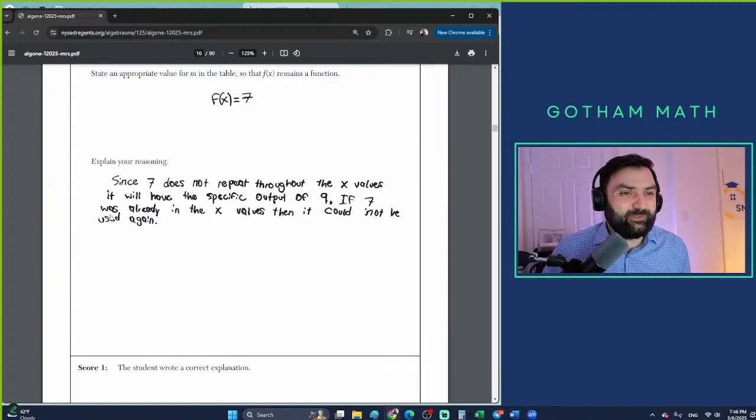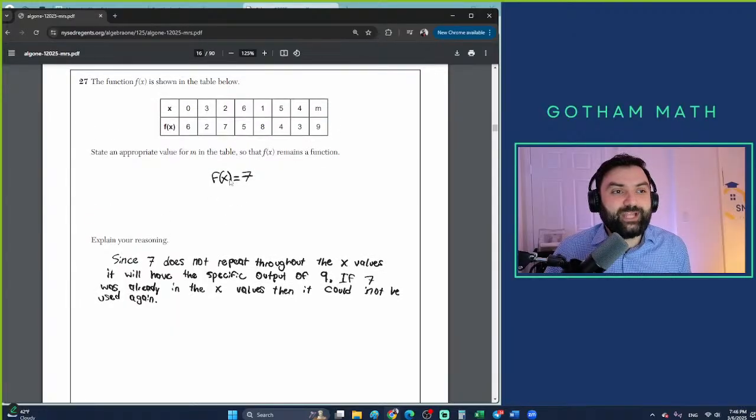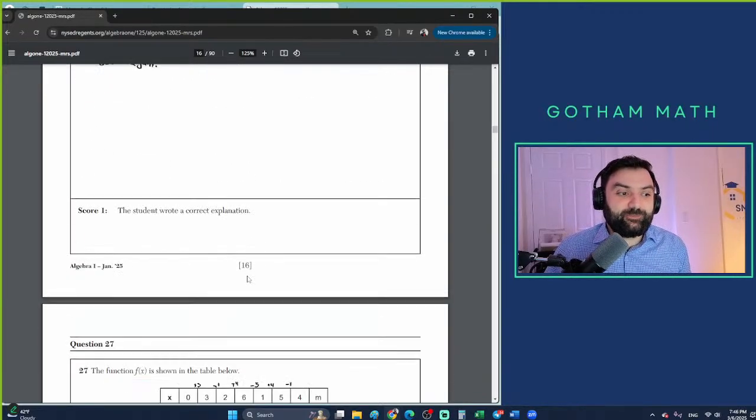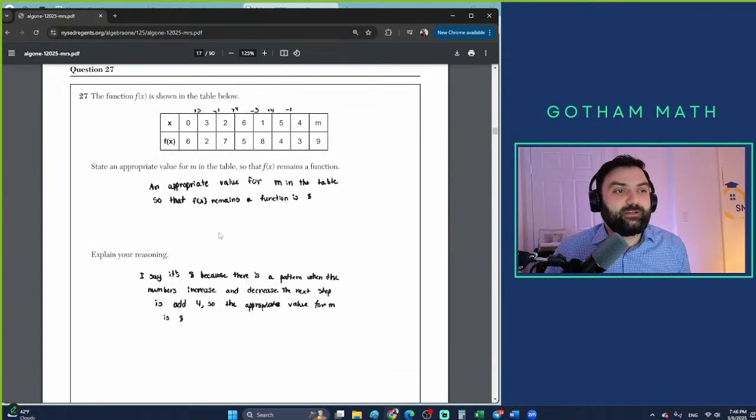If 7 was already in the x values, then it could not have been used again. The student wrote a correct explanation, but since the student wrote f of x and not x, they took away half of the point, even though 7 is correct. So be careful. And this is also 1, an appropriate value for m on the table.